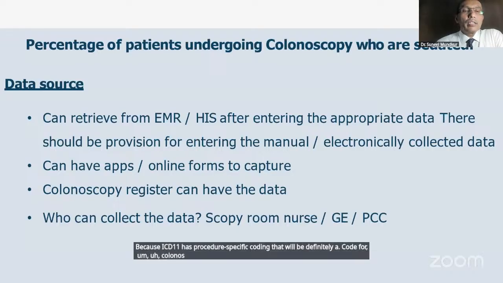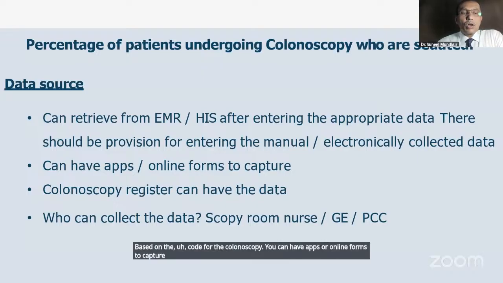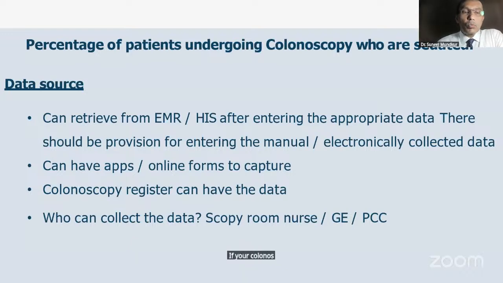So you can search your EMR to find out how many colonoscopies have been done based on the code. You can have apps or online forms to capture this data. A colonoscopy register can have this data. You can have a colonoscopy register in the scopy room if your colonoscopies are done in only one area. In hospitals like CMC or Manipal, we have 3-4 areas where the scopies are being done.